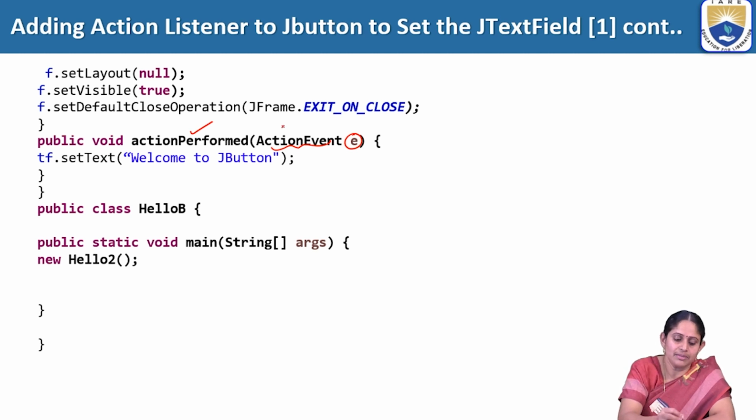When we press that button, we set the text of the JTextField TF to "welcome to JButton".